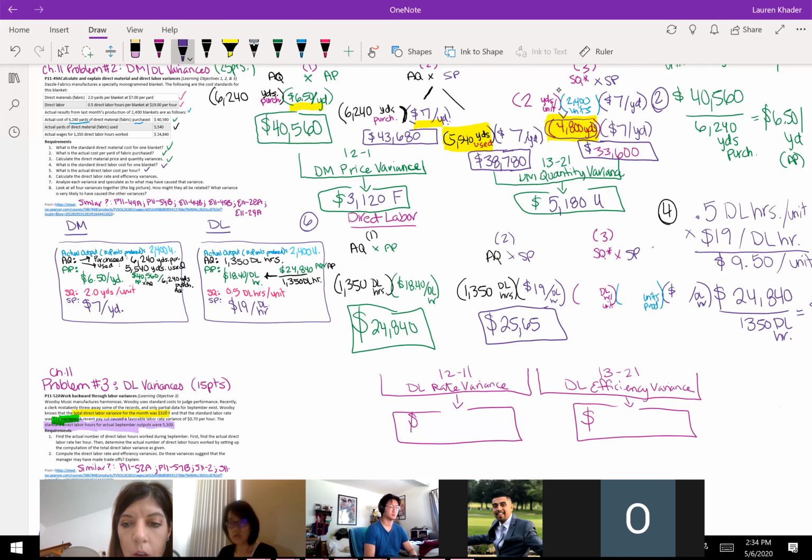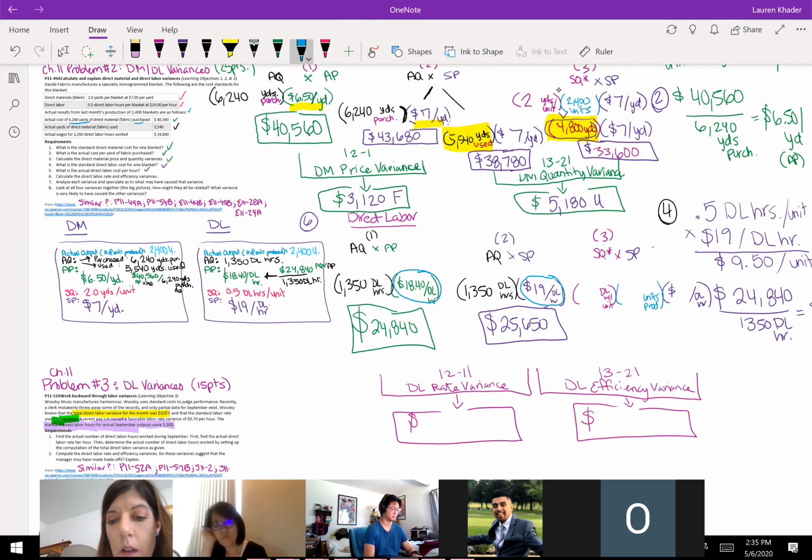So for direct labor, the rate variance, we're focusing in on the rate, right? We should have paid $19 per direct labor hour. We actually paid $18.40, so we paid less per hour, with a favorable amount of 810. Correct. It's going to be a favorable rate variance of 810.